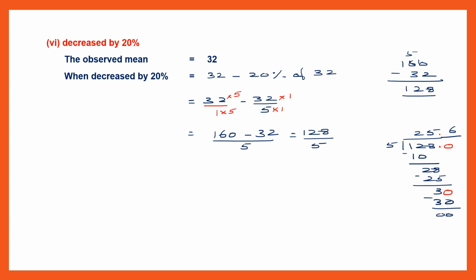So what do we have here? 25.6 is the quotient and that is our required mean. So the required mean is 25.6. So this is our answer. The required mean when it is decreased by 20% is 25.6.